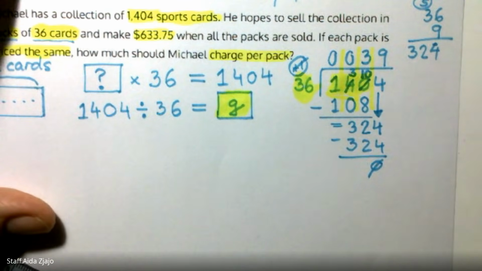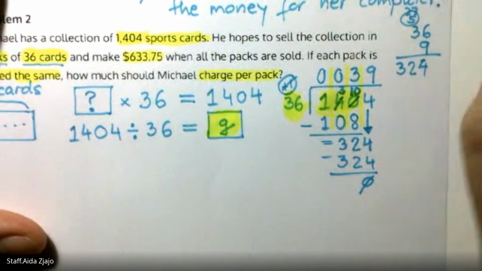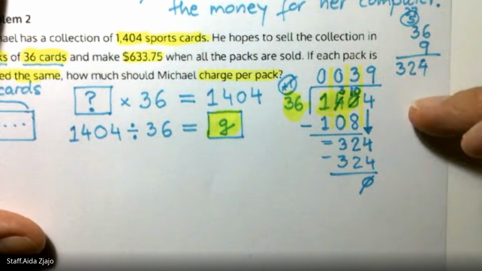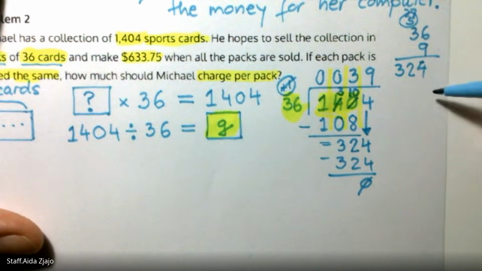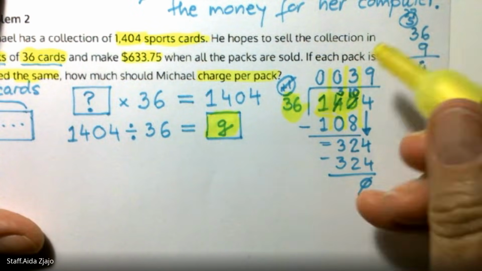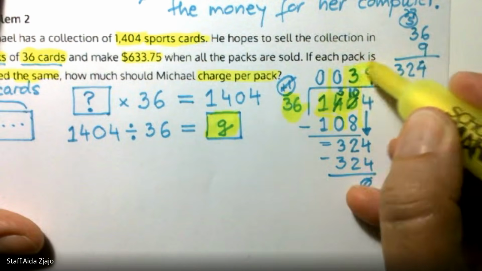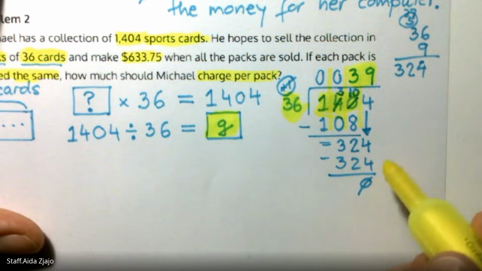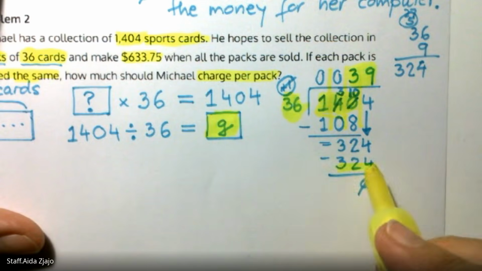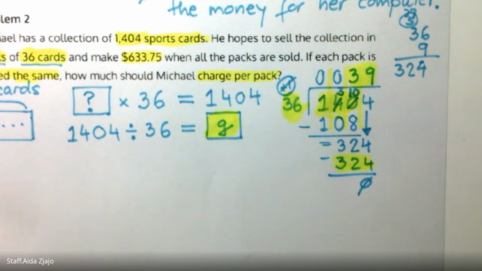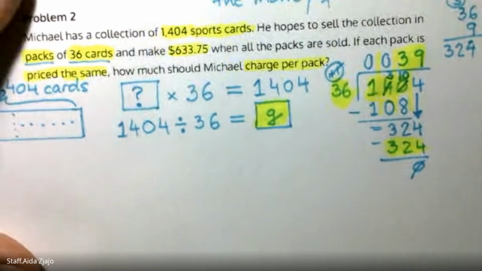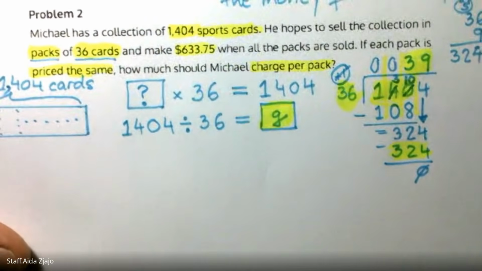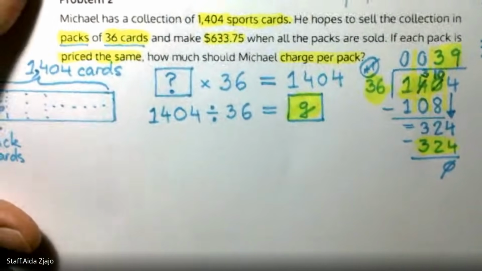Guys, if you don't know how to round, it's the same thing. You can add 36, and you would need to add 9 of 36 in order to get to the number 324. So it still works if you add the same group, same number addition.